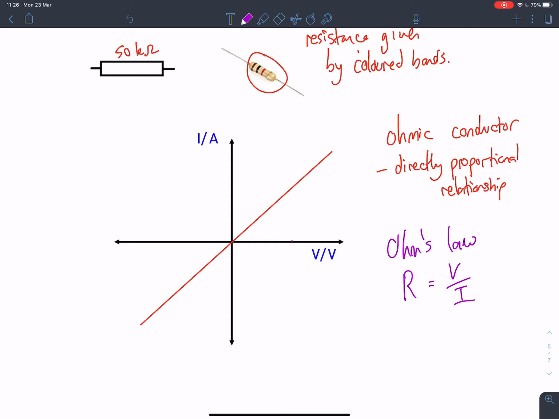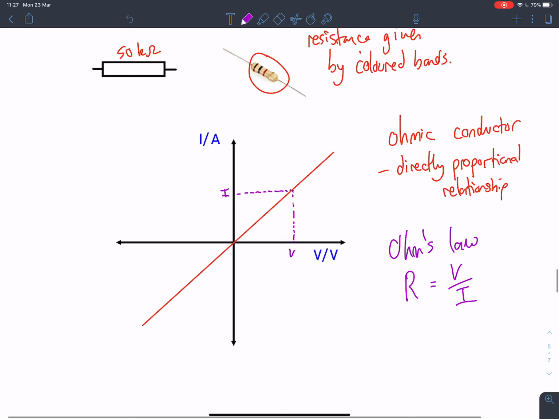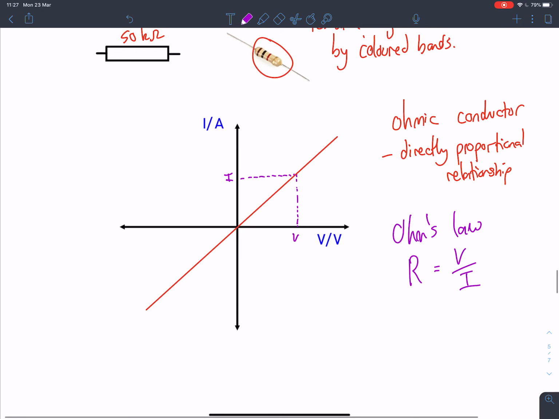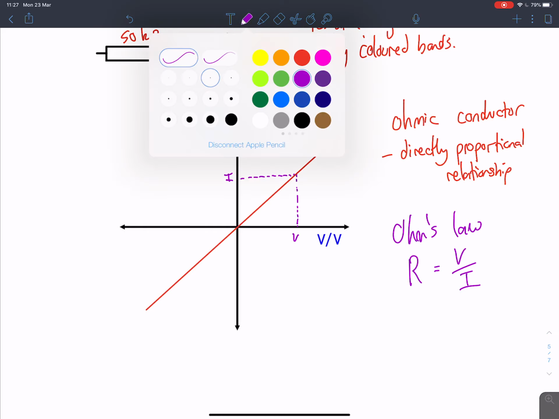Well, if I pick a certain voltage, go up and across, I'm going to have a certain voltage here and a certain current, and my resistance will be given by V divided by I. Mathematically this would be the same as 1 divided by the gradient.